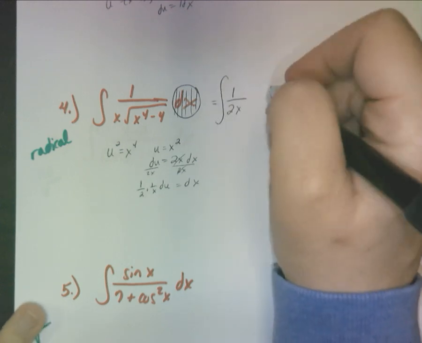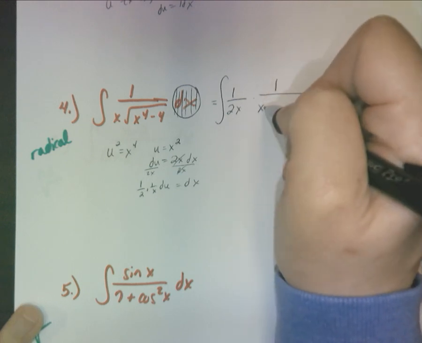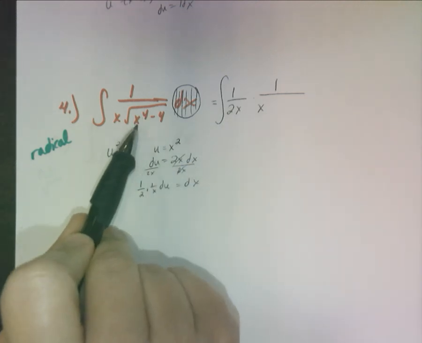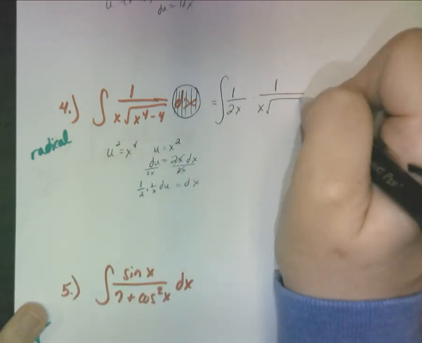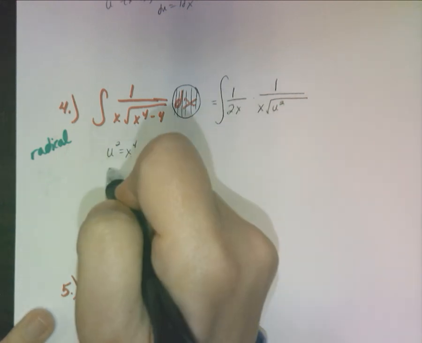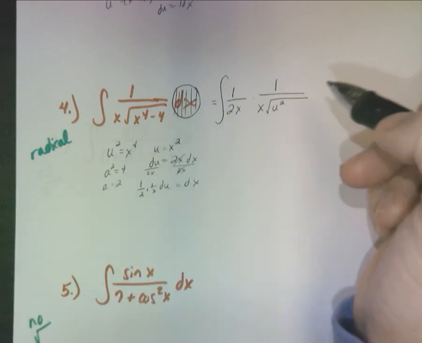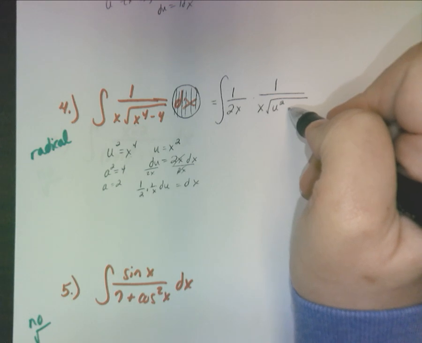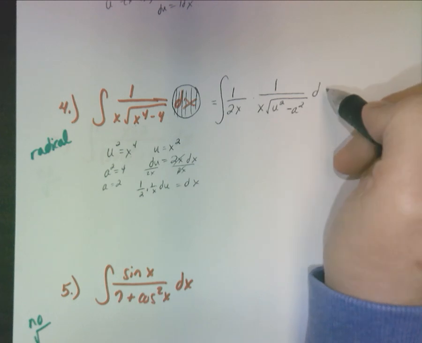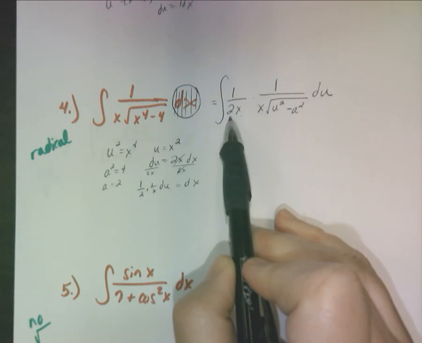And then I have 1 over x. And then my x to the 4th is u squared. My a squared is 4, which means that a is 2. We didn't write that over here. So this is minus a squared du. Okay, 1 over 2x du.